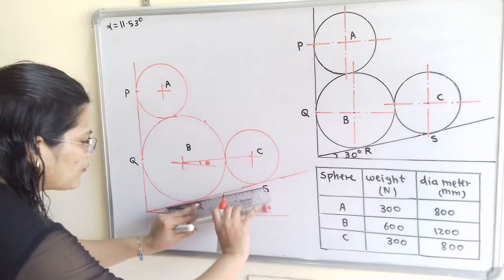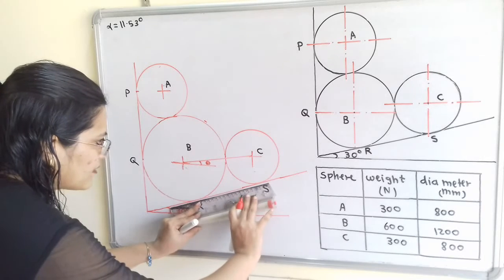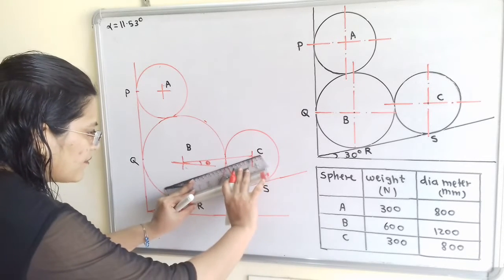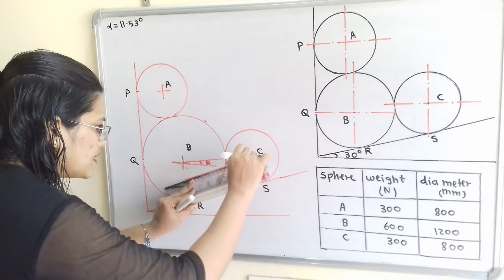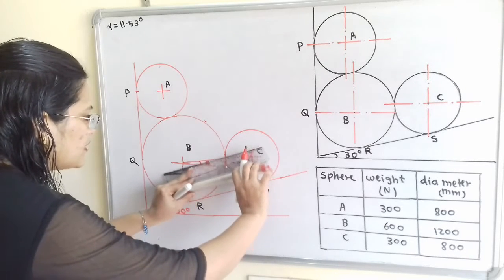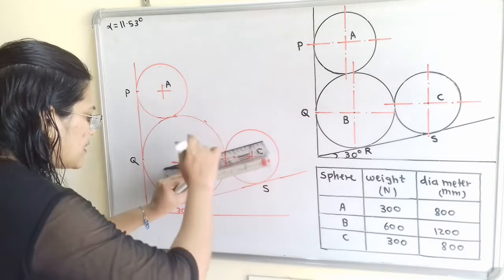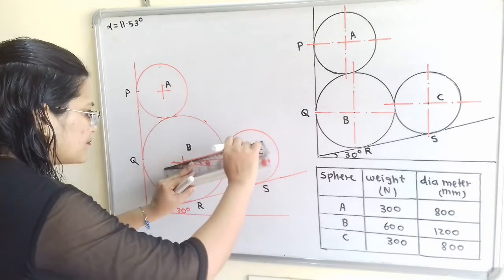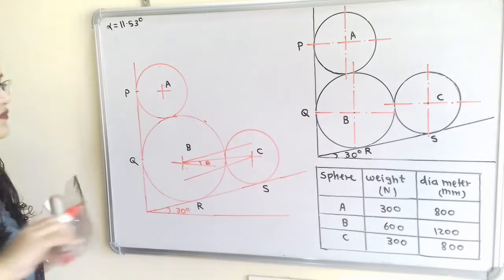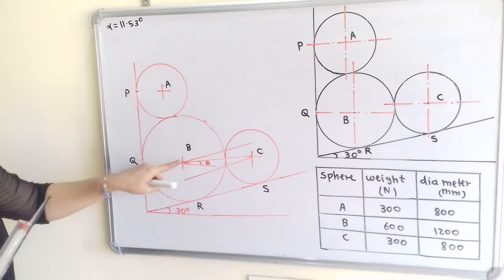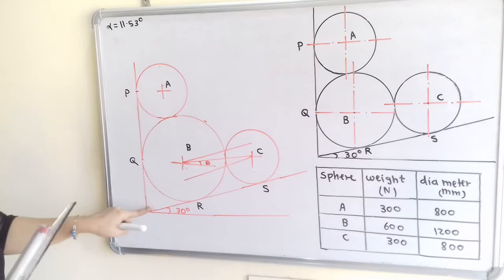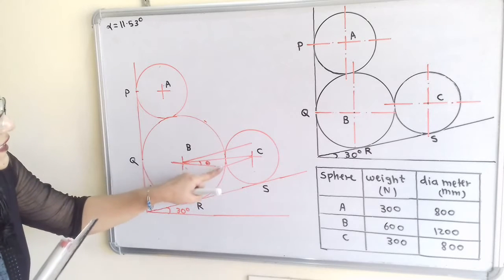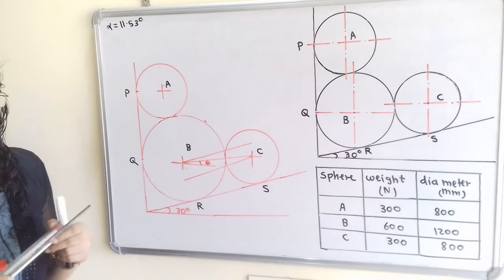So with the help of a roller we will take this line parallel to the inclined line, and if I draw here a line passing through center C, in the same way we will draw the line passing through center B. So these three lines, that is the one passing through center B, the one passing through center C, and this inclined line, these three lines are parallel to each other.